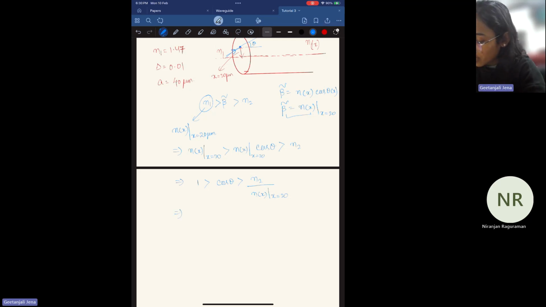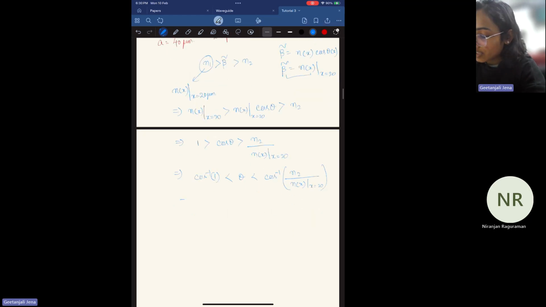So that means the theta value will lie between cos inverse 1 less than theta less than cos inverse of N2 over n(x) at x equal to 20. So cos inverse 1 is 0, and we need to find out what is N2 and n(x) at x equal to 20.